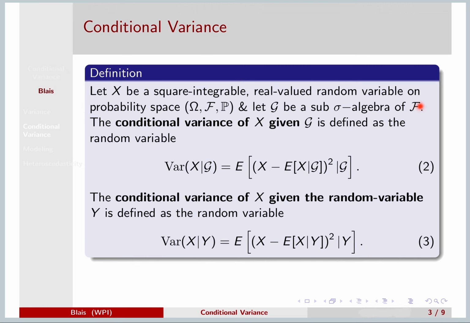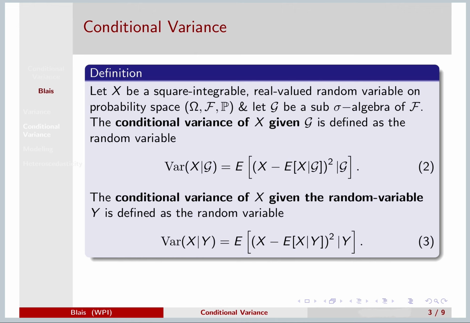And they're events that we can feed to the probability measure and get probabilities of the events in these collections. And because G and F represent collections of events, we can interpret them as sets representing information.